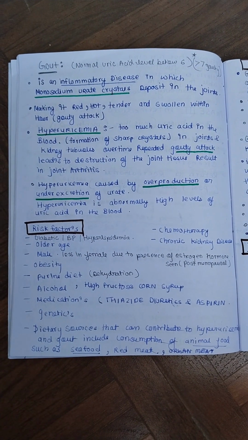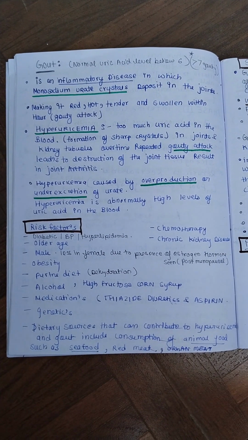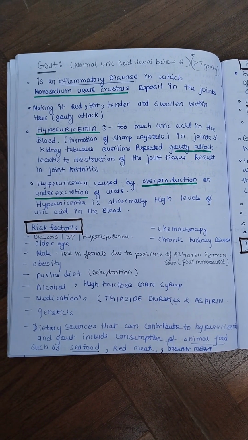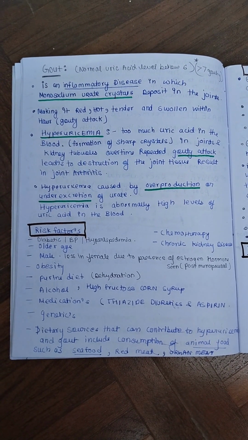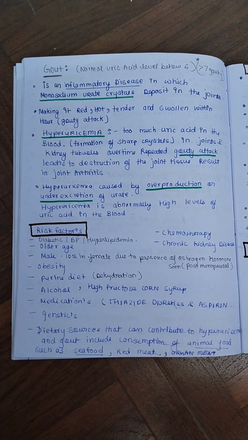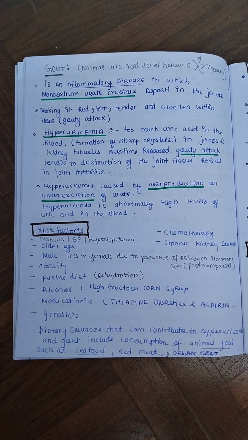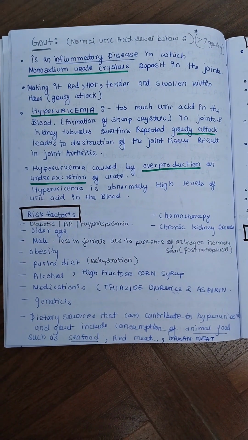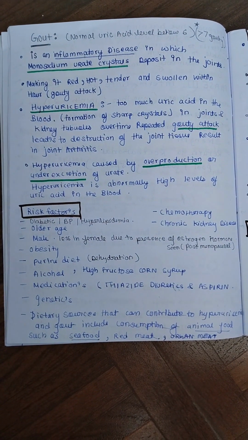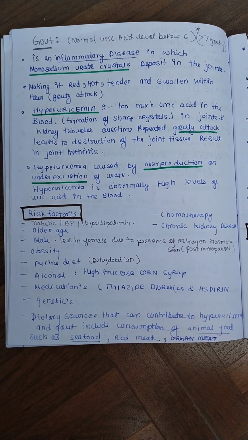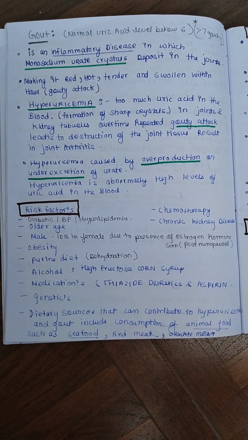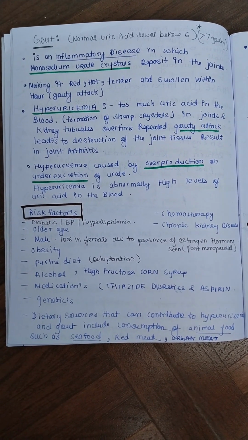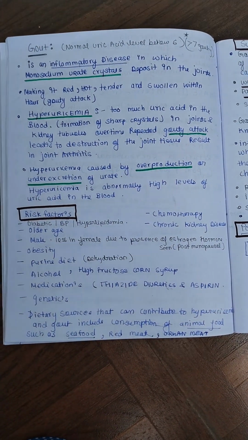Now let's talk about the risk factors of gout. A person who already has a disease like diabetes, blood pressure problems, or hyperlipidemia is more prone to develop gout. Another risk factor is age: usually it happens in older age. Male gender is more common for developing gout as compared to female.